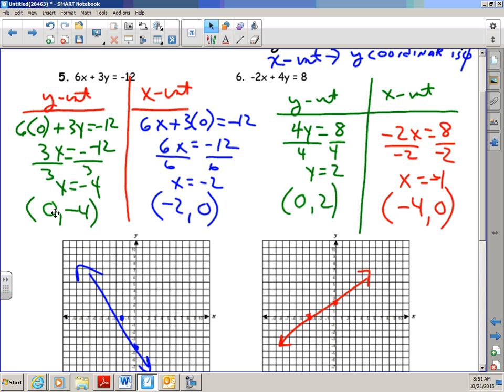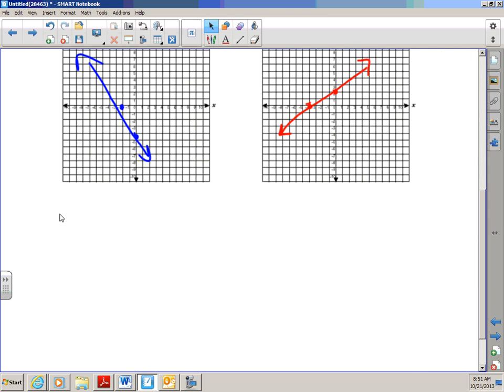We'd like to teach you all 3 methods so that you have some flexibility. The only final point I want to make, one of the problems with the last method is, and you'll notice from above, all of the numbers were factors or multiples of each other. If you had something like 5x plus 2y equals 12, then when you're trying to find the x and y intercept, you're not going to get integer values.